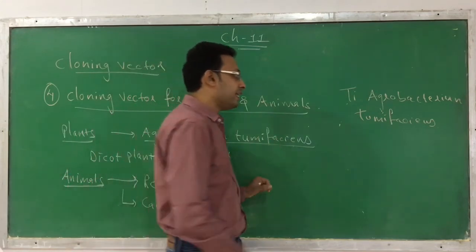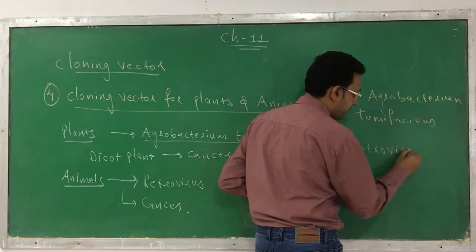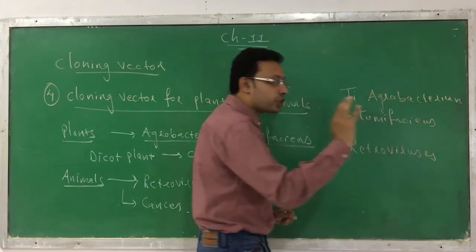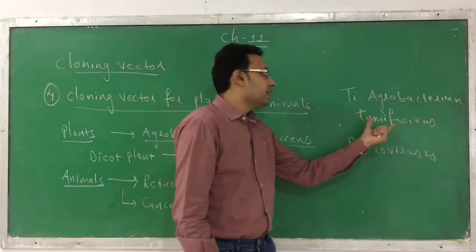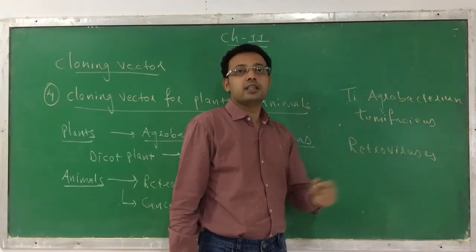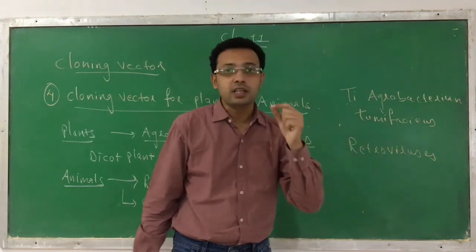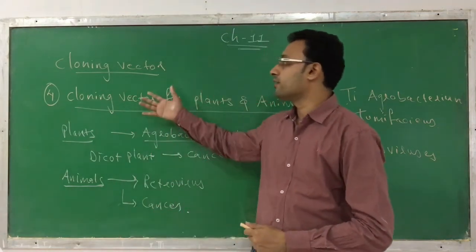Similarly, in the case of animals we are using retroviruses. So in short, in plants we use the tumor inducing Agrobacterium tumefaciens, and in animals we use retroviruses as the cloning vector.